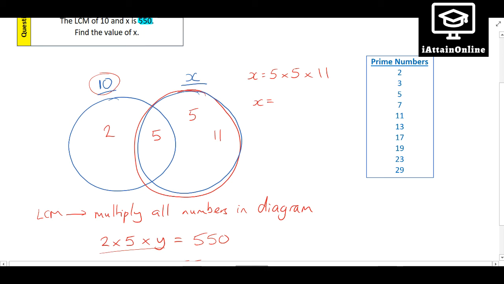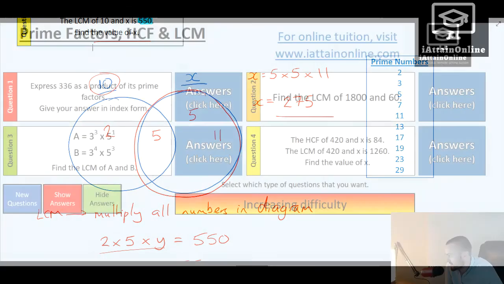So 25 times 11 is going to give me 275. So we have now found the value of x. There was quite a lot we've gone through there, but it's worth practicing these sorts of questions, as they are some of the more applied, more tricky questions that might appear in an exam.